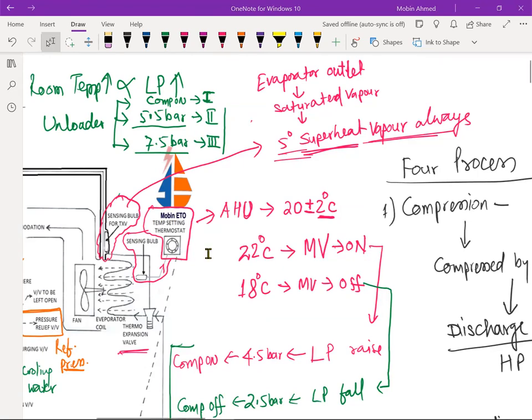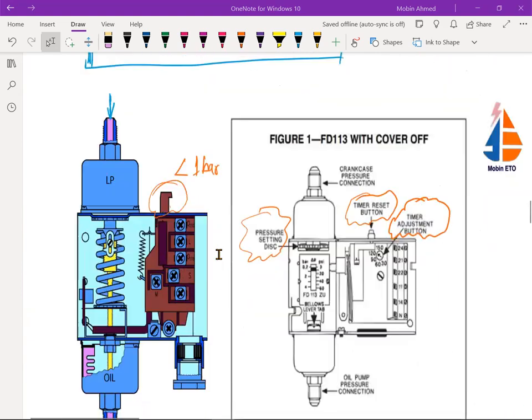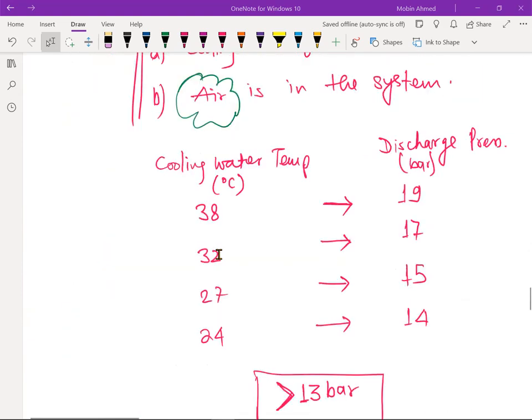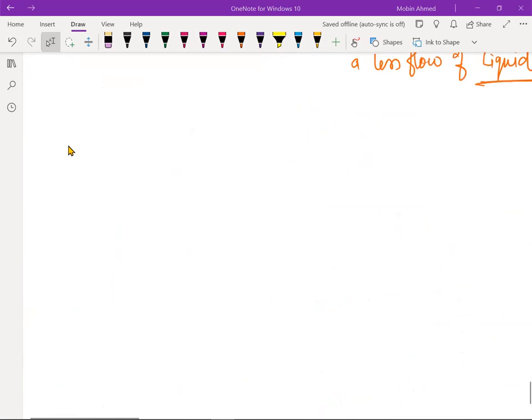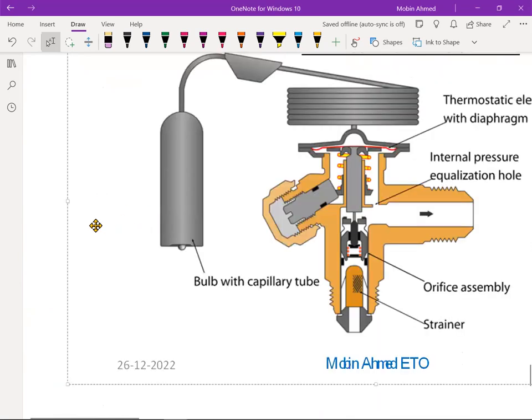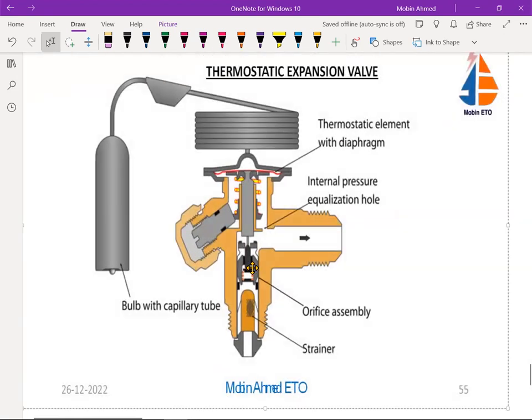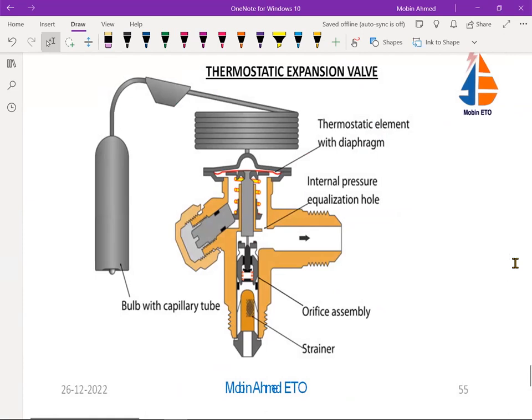How this TV looks, I am going to give you a picture of it. This is the thermostatic expansion valve.